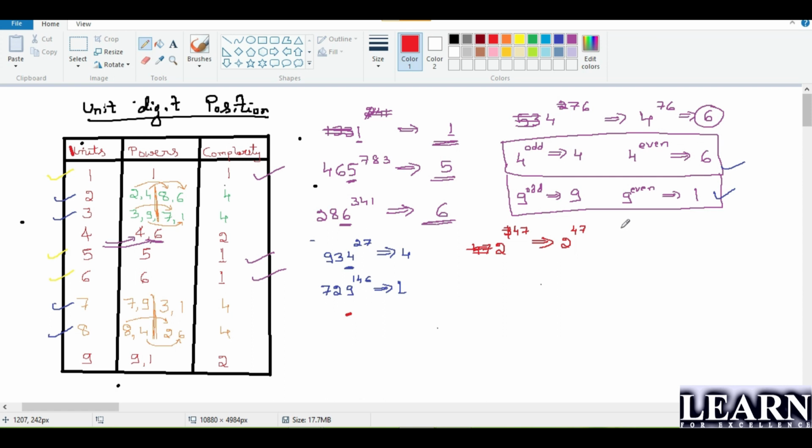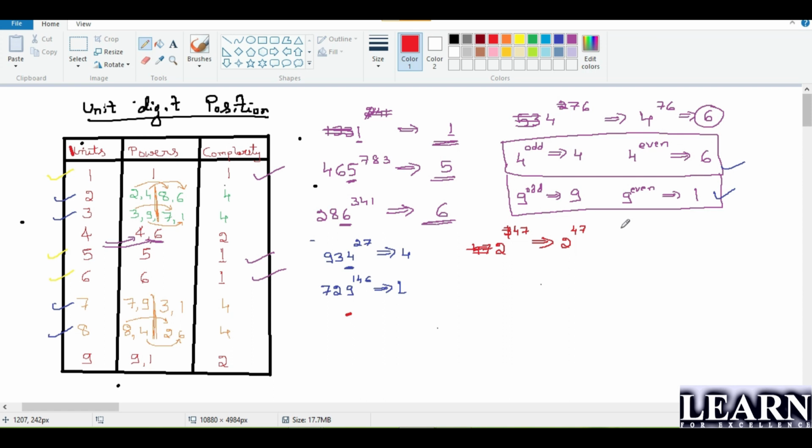So whenever we have any number which has a complexity of 4, first we have to divide the power by 4, guys, and take care of the remainder. Understand this clearly.